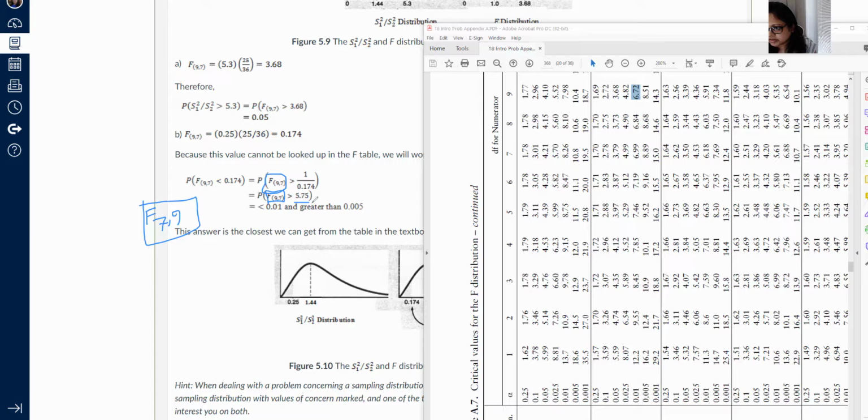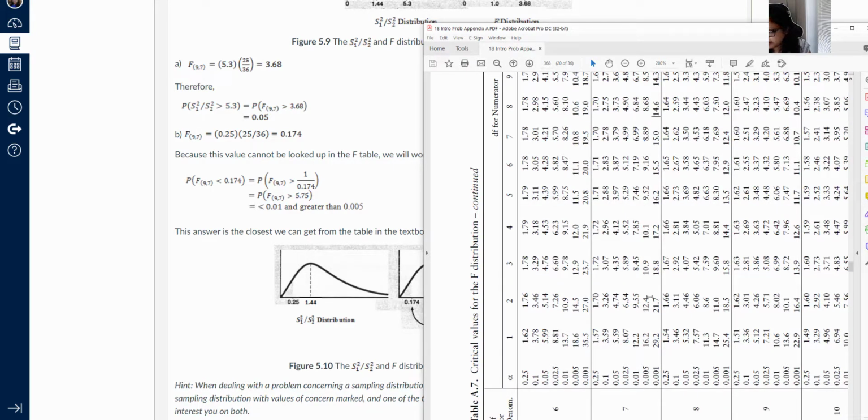Since we took the reciprocal, we have to go back to our table. In the table we have to look for the 7 in the numerator and the 9 in the denominator. That means these are the values we should look for. And then 5.75 will be close to these two values.